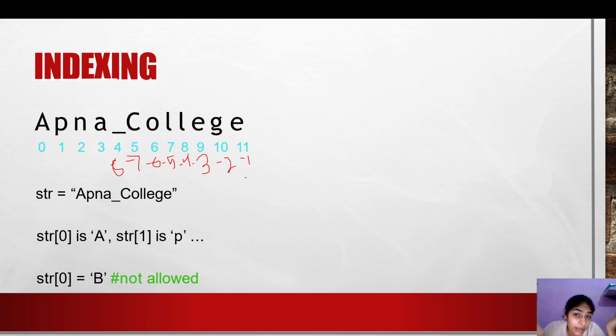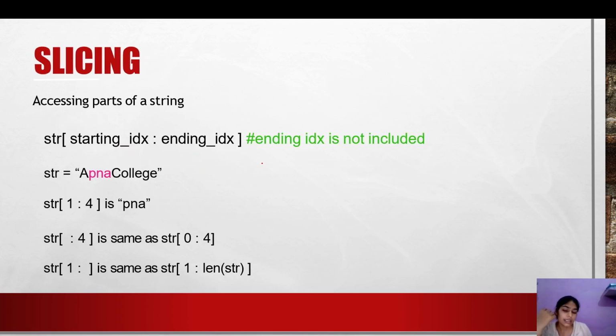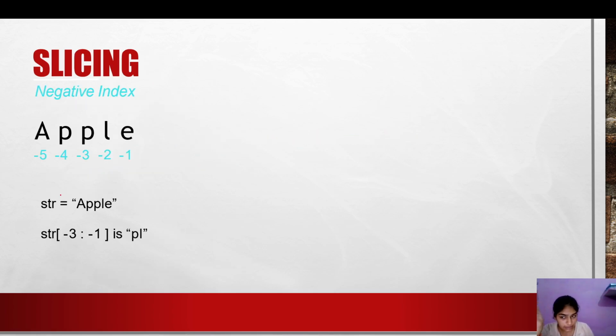The numbers are not the same, but the person standing at 10th position from the starting and 12th from the ending is the same. So string at 11th position is equal to string at -1 position. This is what we call negative indexing.